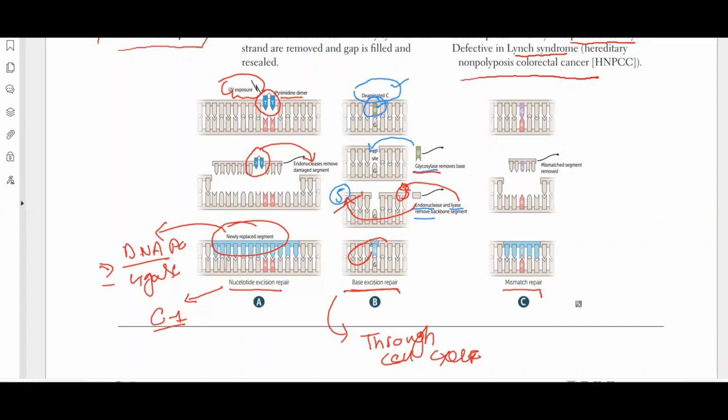Next is DNA polymerase, which fills the gap, and ligase is the last enzyme that seals it. The sequence is first glycosylase, endonuclease, lyase, polymerase, and last ligase.